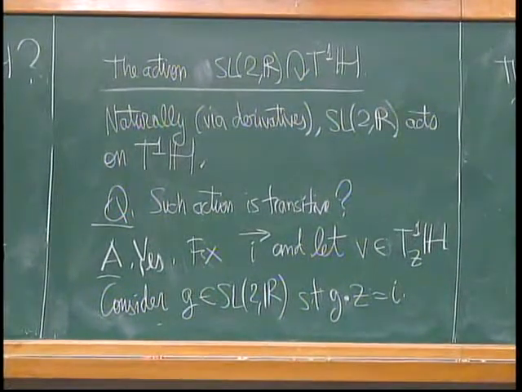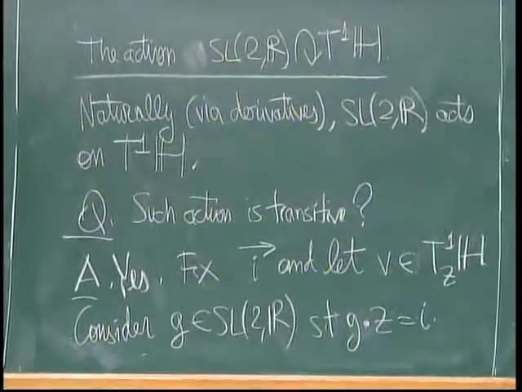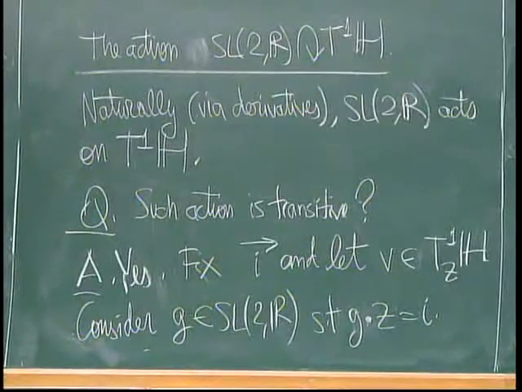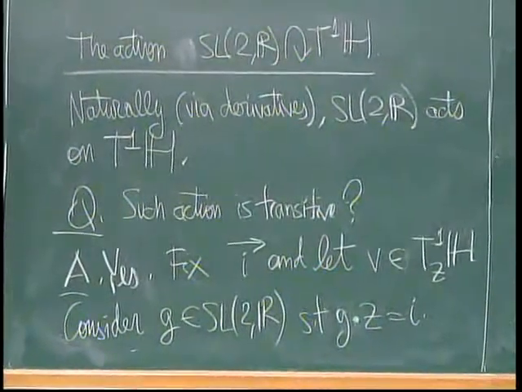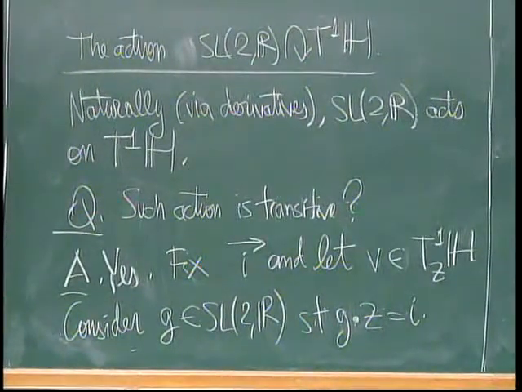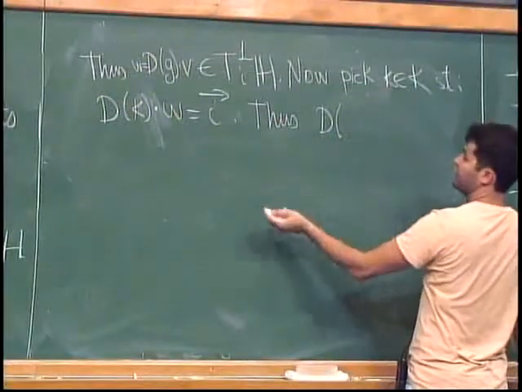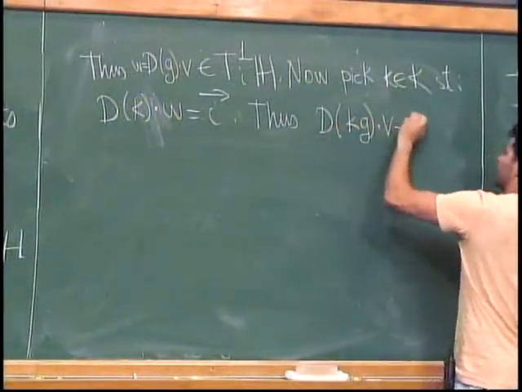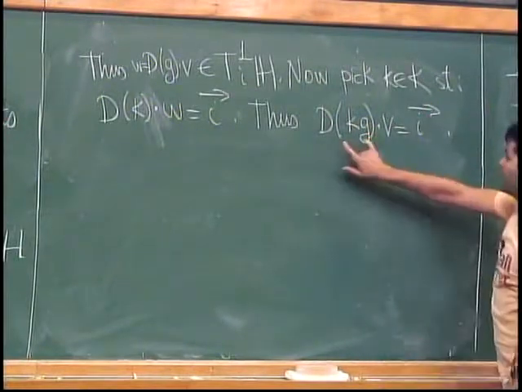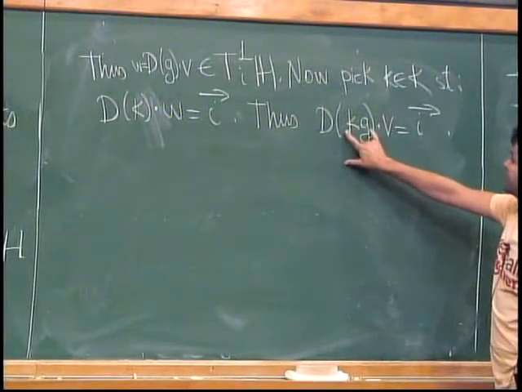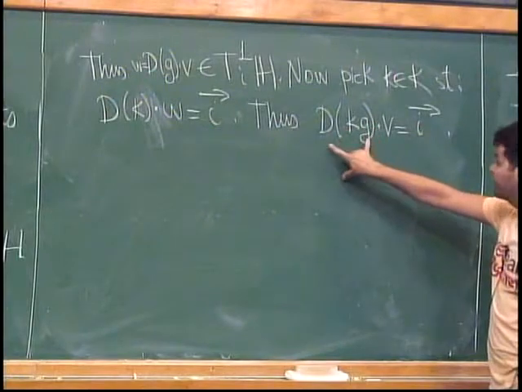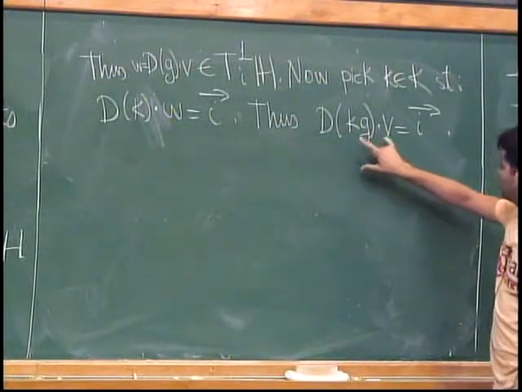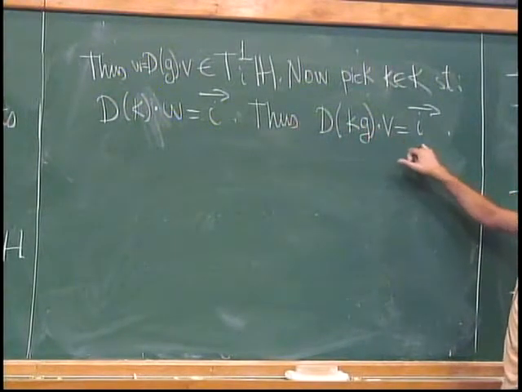And again, I ask you, just to conclude here, is it true that the derivative by the chain rule of kg applied to V is equal to I? So I concluded the existence of a Möbius transformation for which the derivative action on the initial vector V is equal to I.